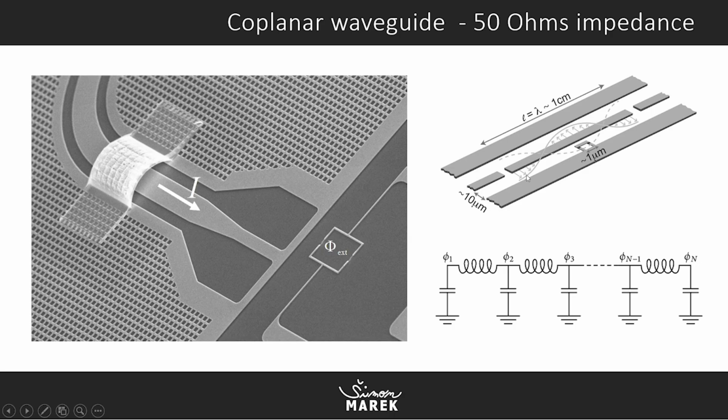You can see the representation of the line in the middle here in circuit elements, which is inductor and capacitors, and its impedance should be controlled, which is typically 50 ohms.